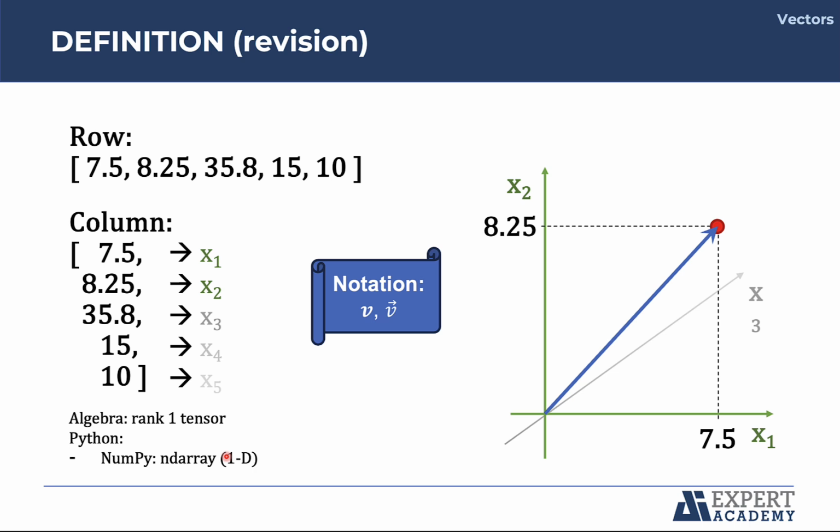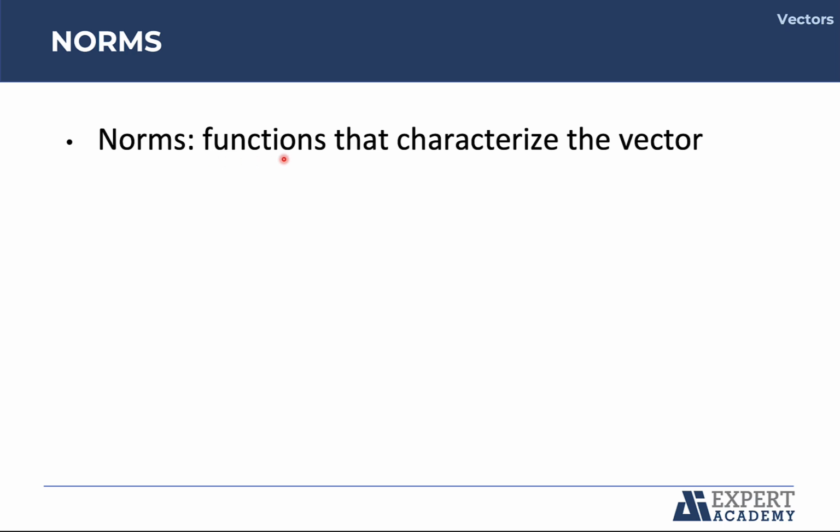In neural network libraries such as TensorFlow and PyTorch, a vector is a 1-dimensional tensor. Now that we have reviewed the basic concepts, let's explore some properties. And the first one is norms. Norms are functions that characterize the vector.